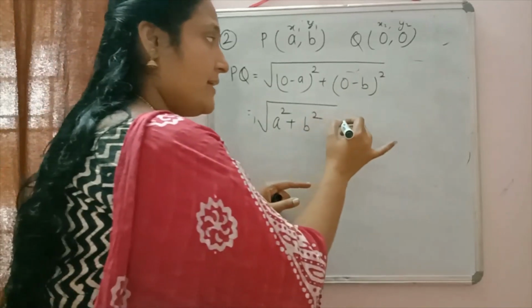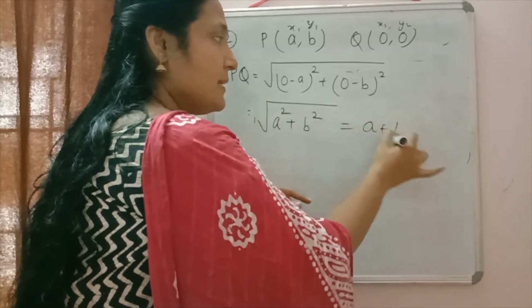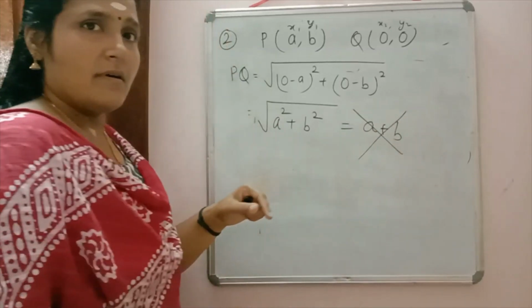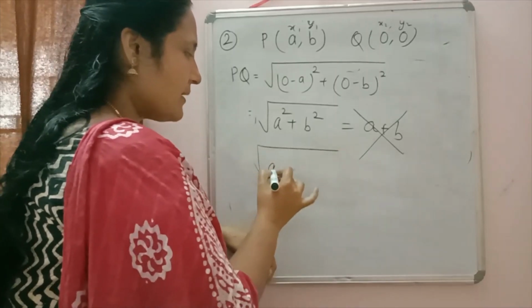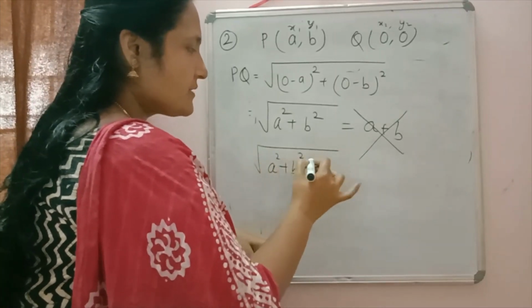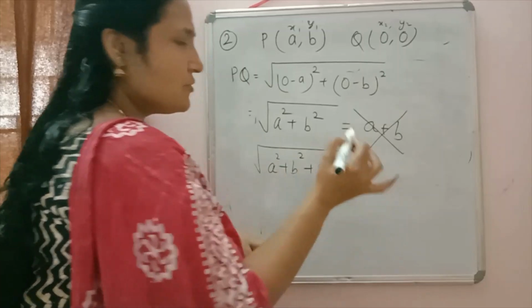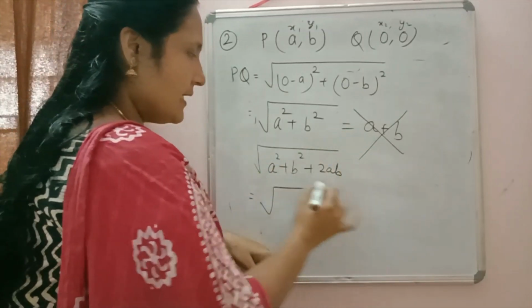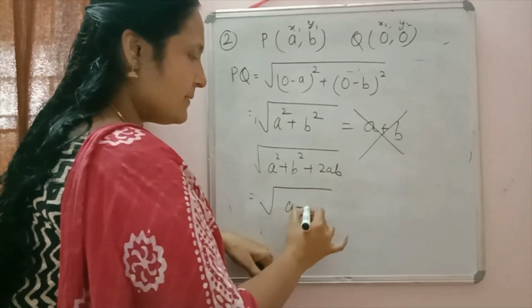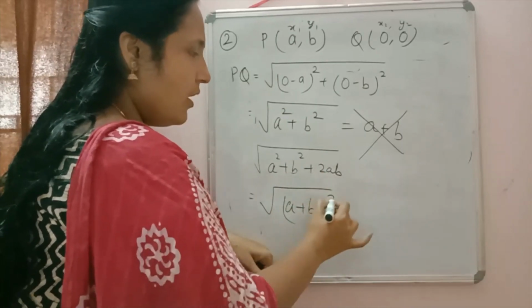Again, don't write this as a plus b, that will be wrong. Suppose after simplifying your expression is coming as a square plus b square plus 2ab, then this expression we know is a plus b the whole square.